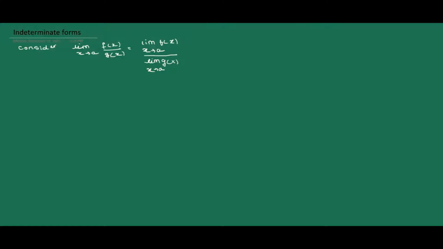And if after substituting x is equal to a in the numerator, f of a, you get 0, and similarly in the denominator, if you substitute x is equal to a, you get g of a, and if the denominator value is also 0, then this becomes 0 divided by 0 form, which is meaningless.